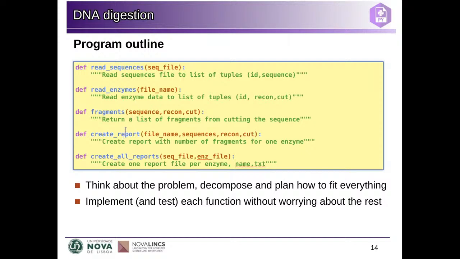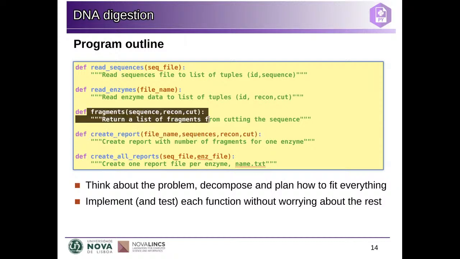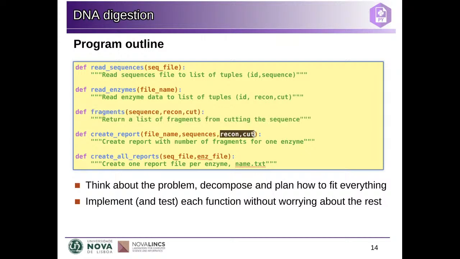So as you write this, you can think if each function has the necessary information and if each function can call the previous one. For example, to create a report, we need to loop through all the sequences and call this function to compute the fragments for that particular digestion. So we need to see if we have the information necessary to do that and to check if things will fit together at the end.